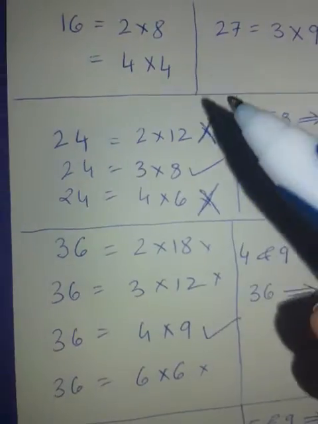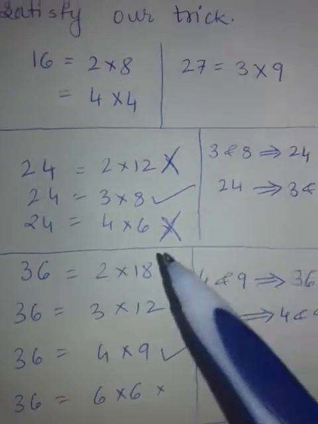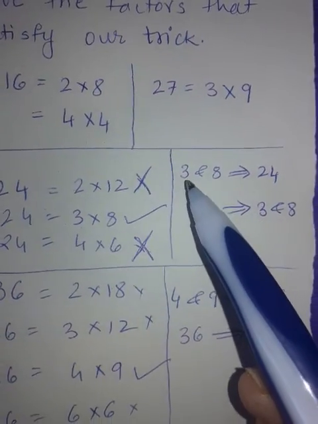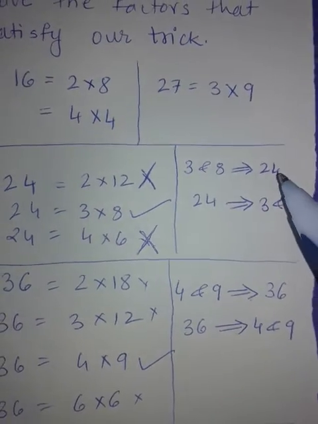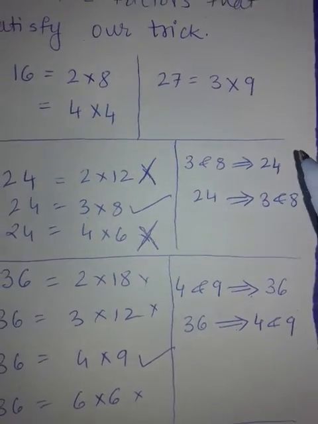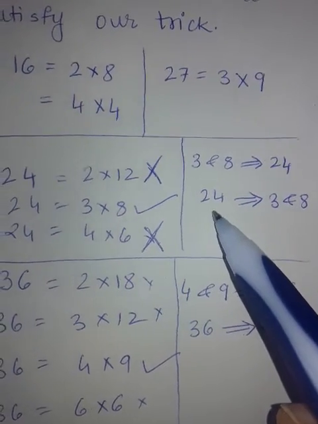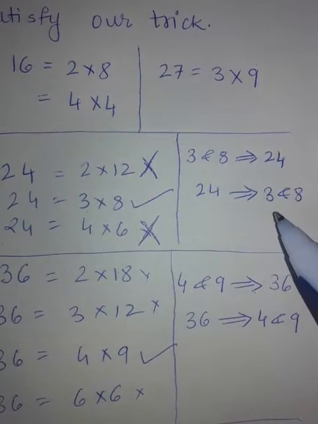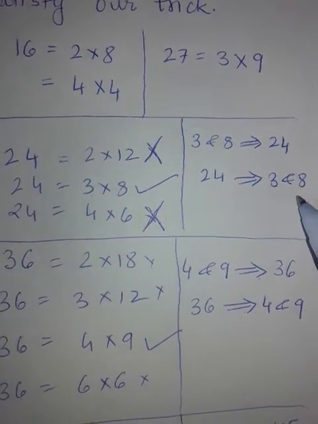So for 24, what will be divisibility test? A number which is divisible by 3 and 8 is divisible by 24, and if a number is divisible by 24, then it is definitely divisible by 3 and 8.